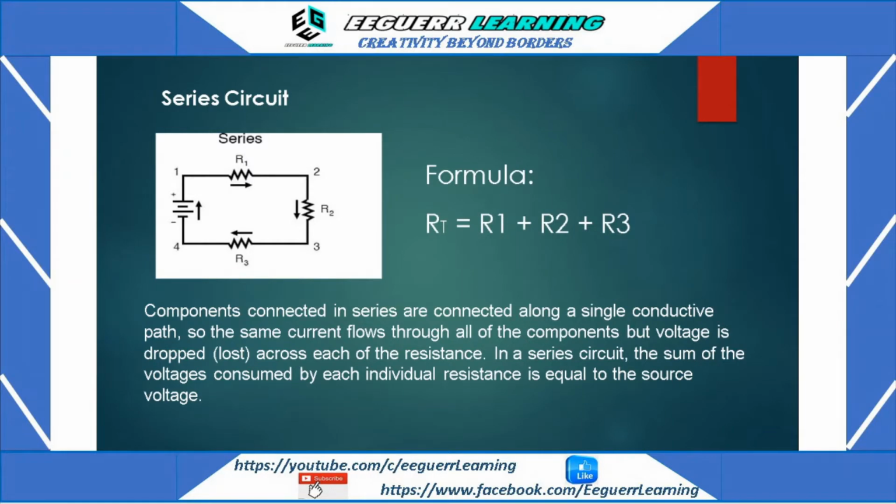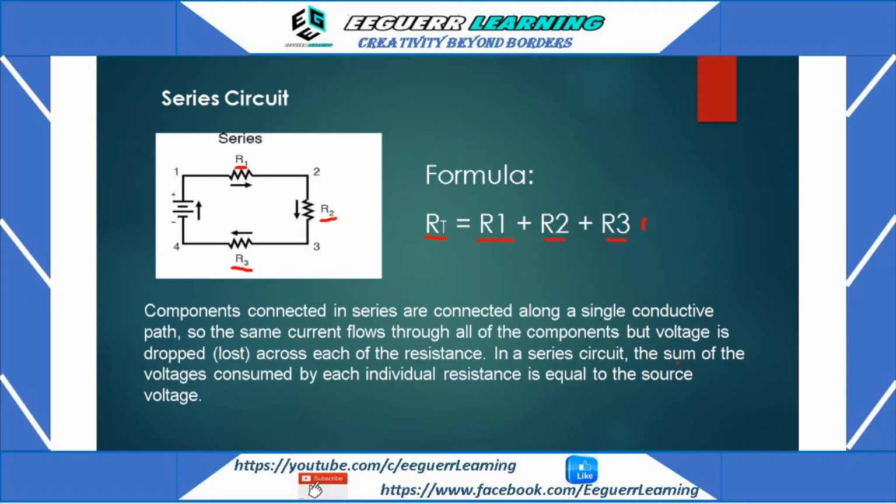So for the formula, solving for the total resistance, we have here: total resistance is equal to R1 plus R2 plus R3, because we have here in our circuit R1, R2, and R3. So what if we have another resistor?